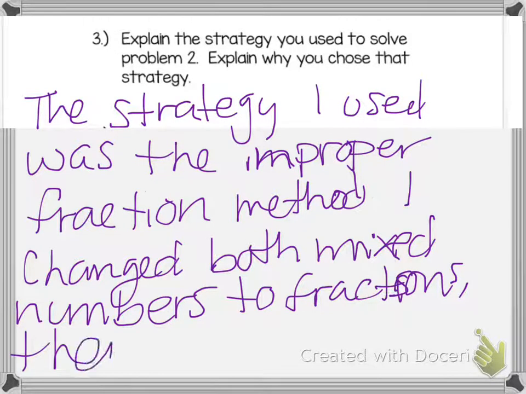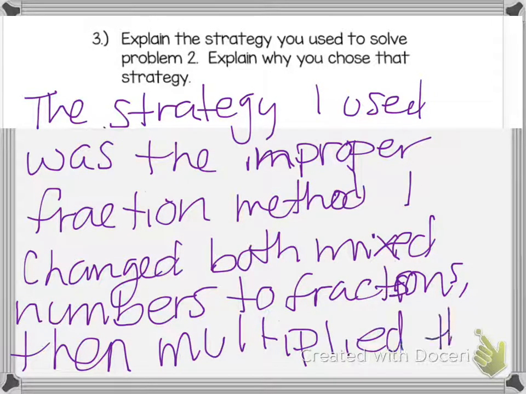Then multiplied through. I chose this strategy because I find it easier to multiply fractions that way than the area model when there's 2 mixed numbers.